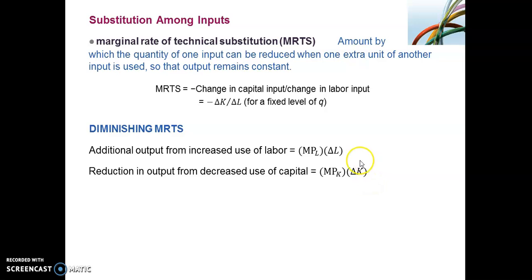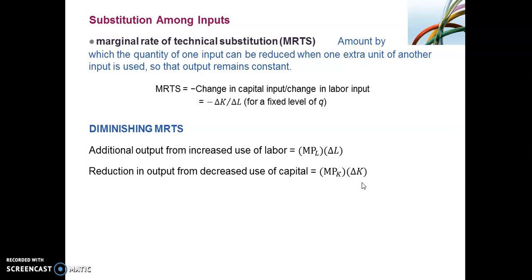But because of that change in capital, the marginal product of capital, there is a reduction in output as a result of that decrease in the use of capital. So that MP with the subscript K stands for your marginal product of capital, and there will be a reduction in output from the decreased use in capital.